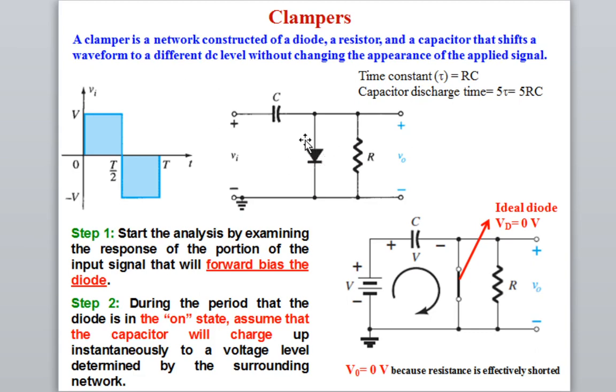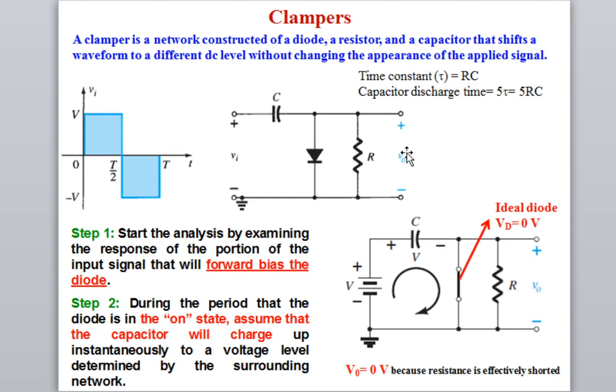When the diode conducts current, that current is used in charging the capacitor. Once the capacitor is fully charged and the diode goes in reverse bias, the capacitor, which was fully charged during forward bias, will try to maintain a voltage across the output. This is the working principle of a clamper circuit.